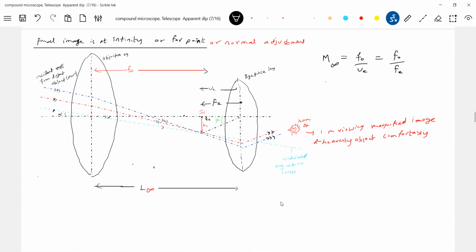In books or pen, they give another diagram like this: this is the objective, there's the eyepiece, and the rays are coming from the distant object.